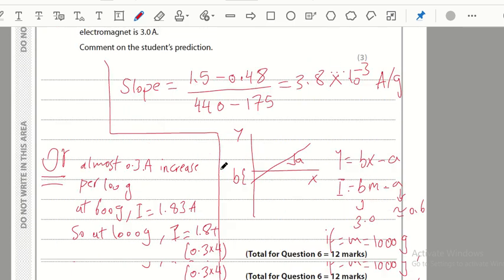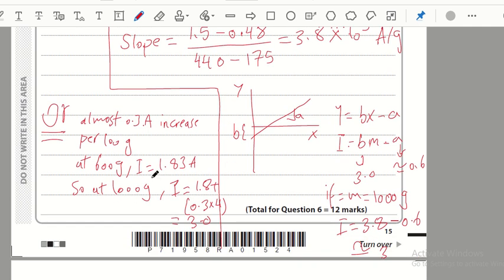So the result that should be predicted is 1.83 plus 0.3 times 4, which equals almost 3. So predicting 3 ampere for 1 kilogram or 1000 gram is the right prediction.